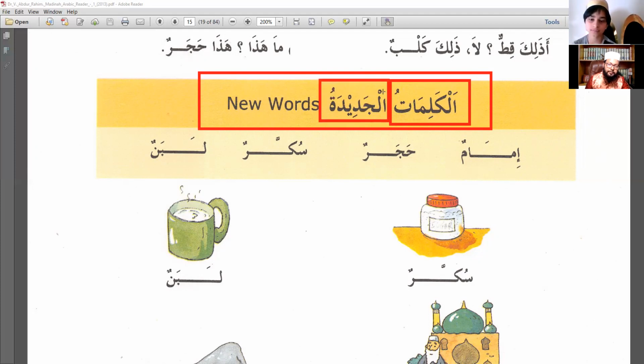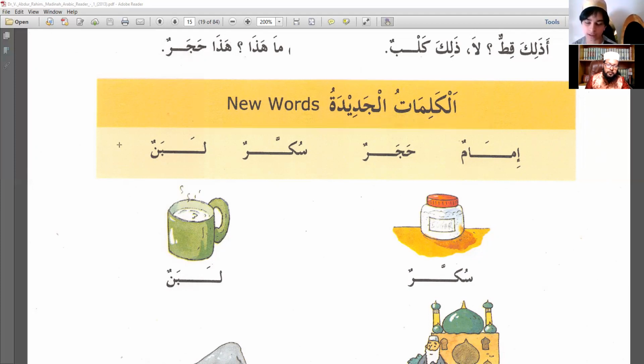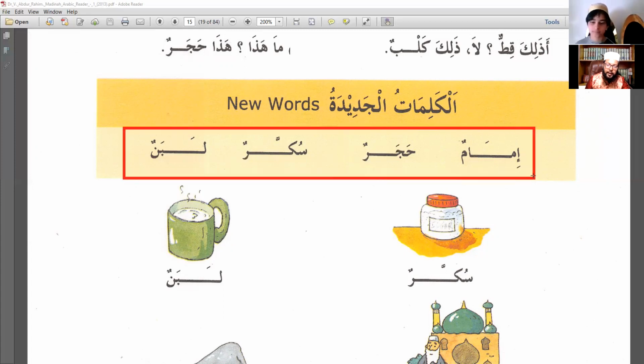How do you know if an Arabic word is plural? If there's a dhamma at the end, it doesn't mean it's plural. No, plural has a pattern. I will teach you later, inshallah.